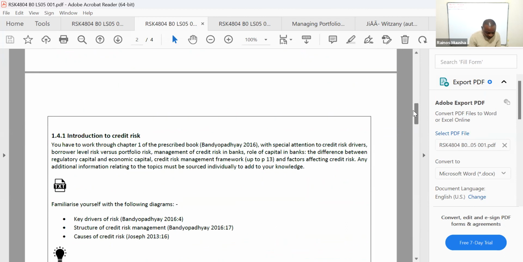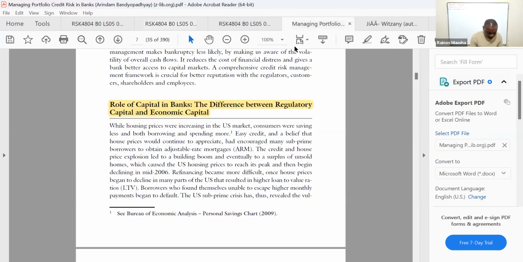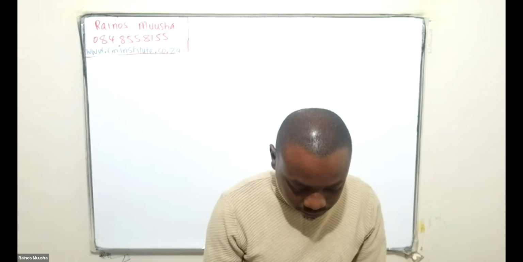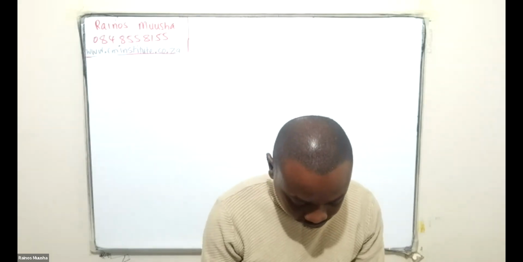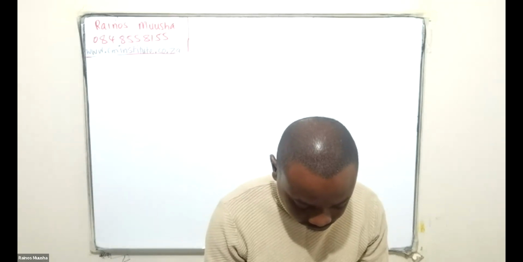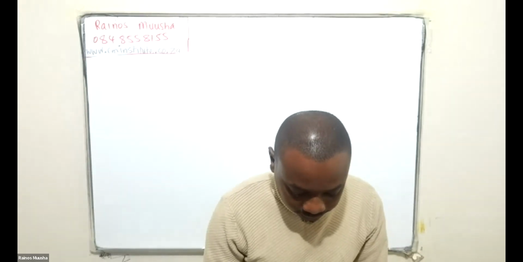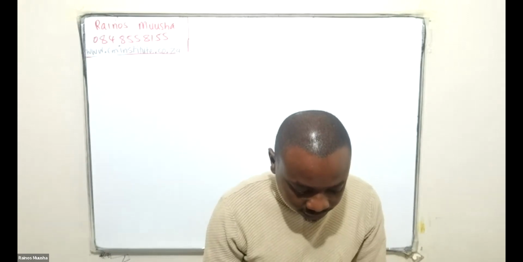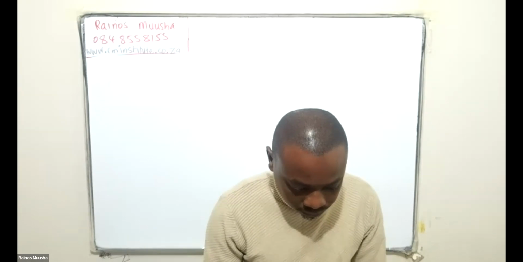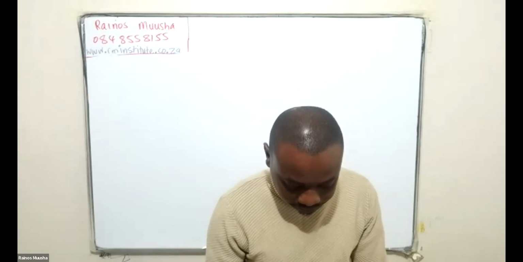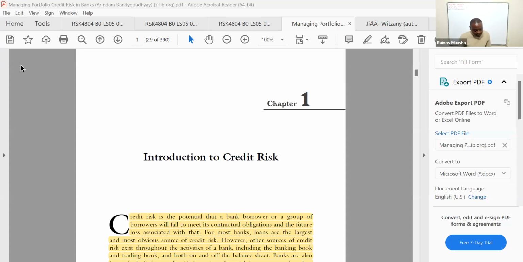Which means to cover section 1.4, if we look at the textbook that covers chapter 1, in this case we're going to be looking at chapter 1 of Managing Portfolio Credit Risk in Banks.